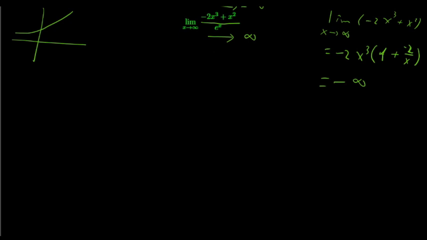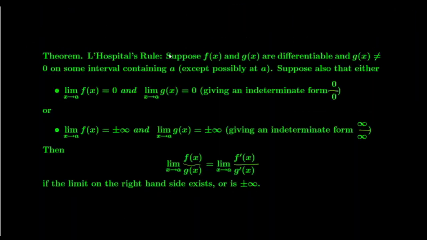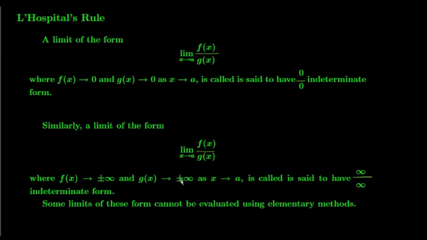So it's also an indeterminate quotient. It's an indeterminate quotient of the second type, of type infinity to infinity. You see the limit of the numerator can be infinity, can be negative infinity.